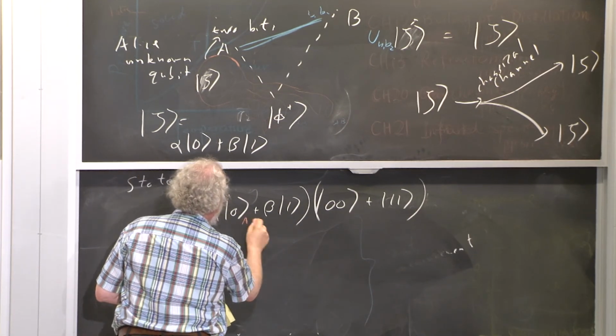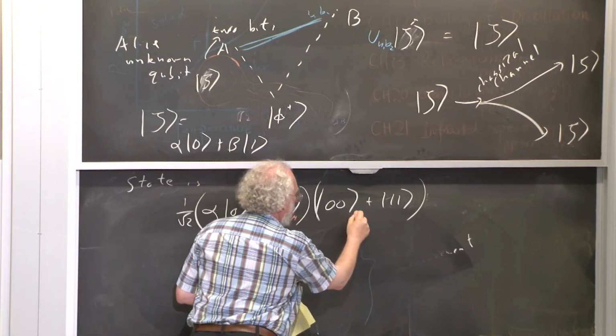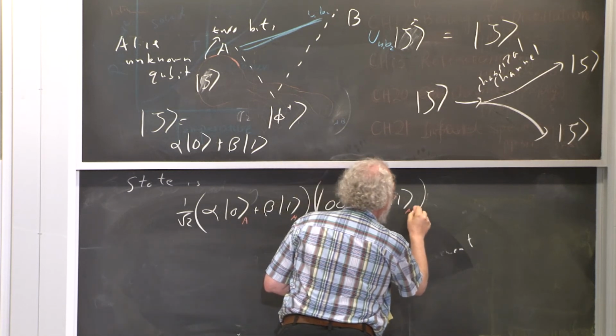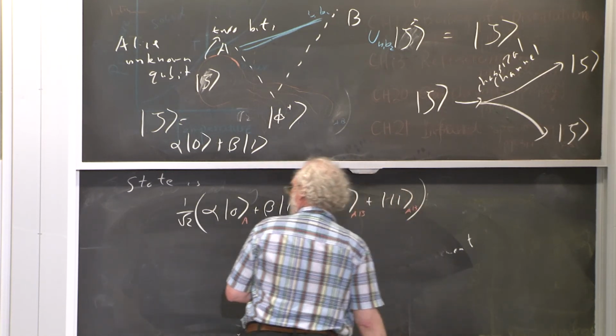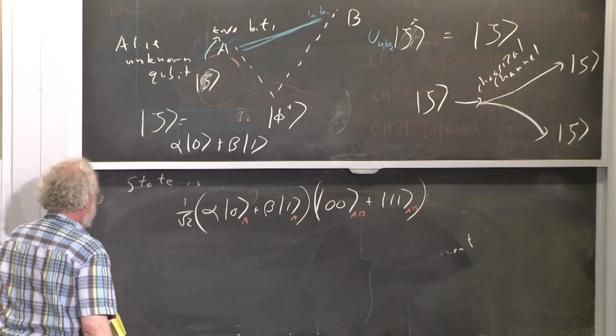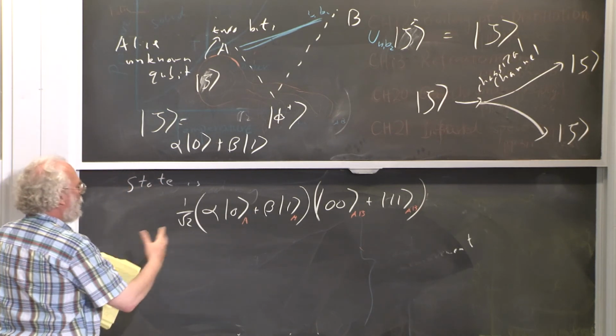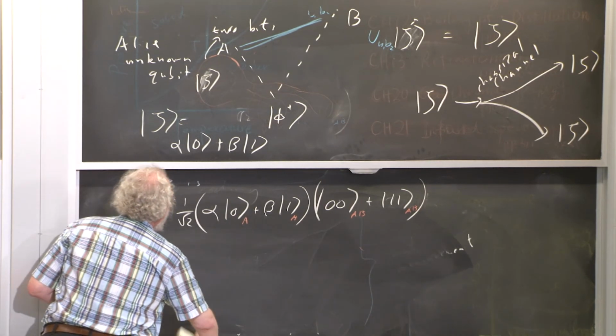And the first 2 qubits belong to Alice, and the second one belongs to Bob. And now we want to measure this with the basis.